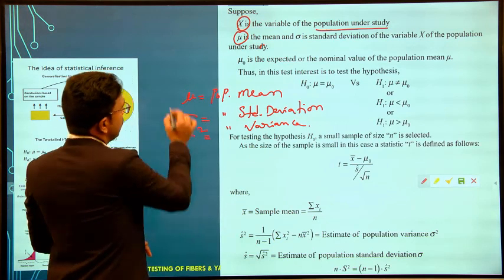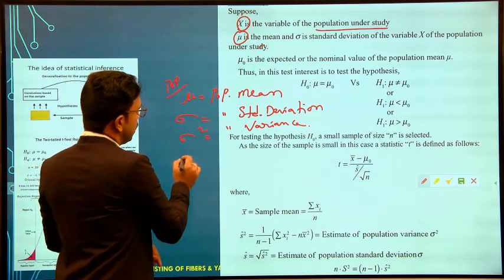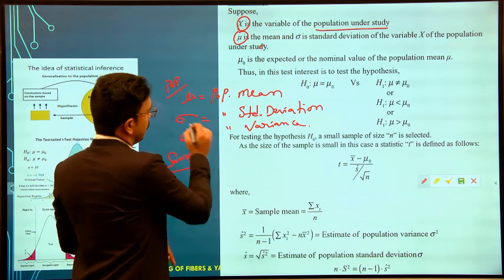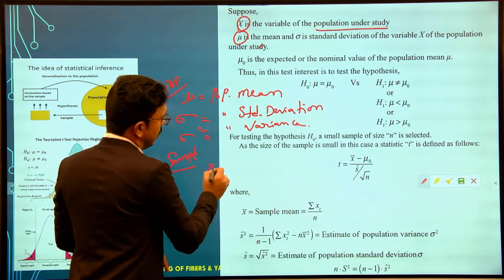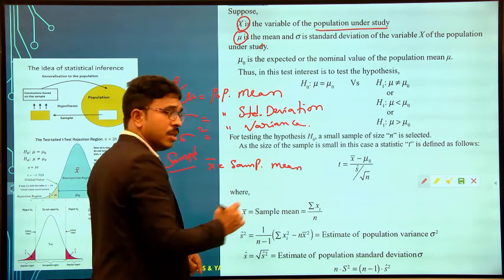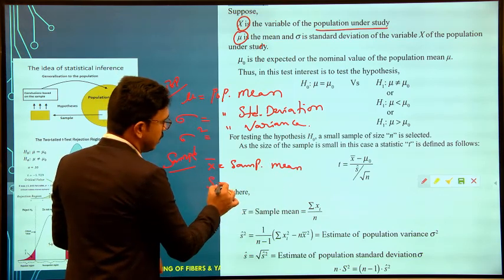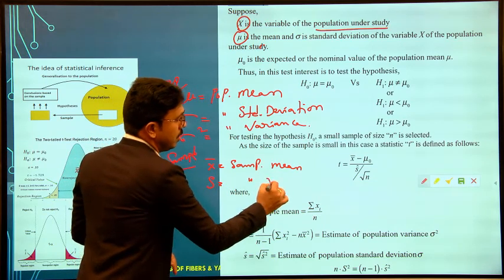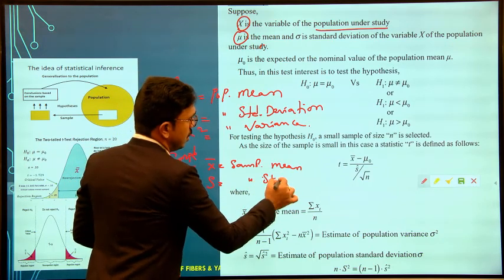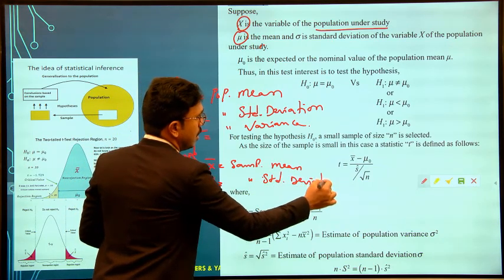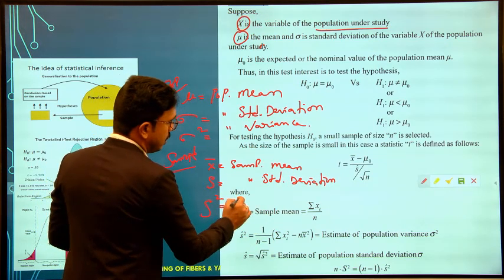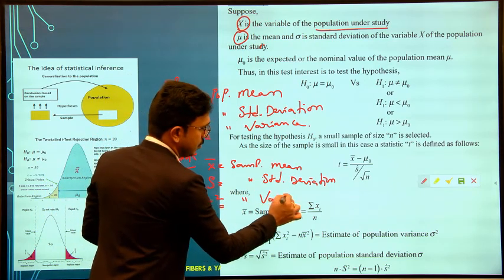This is with respect to the population. With respect to the sample, the mean we represent with x bar, the sample mean. Understand? In the same way, S represents the sample standard deviation, and S square represents the sample variance.